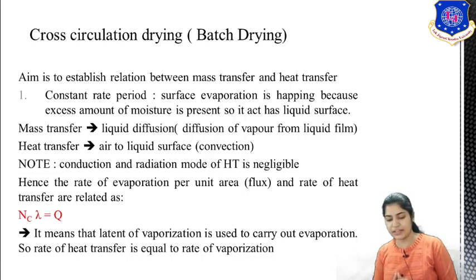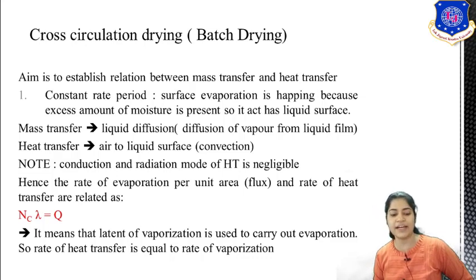Now let's relate the rate of evaporation of water per unit area. We are considering area here, so we are discussing flux. The rate of evaporation per unit area and the rate of heat transfer are related as Nc lambda equals Q. It means the latent heat of vaporization is used to carry out the evaporation, so the rate of heat transfer becomes equal to the rate of vaporization.